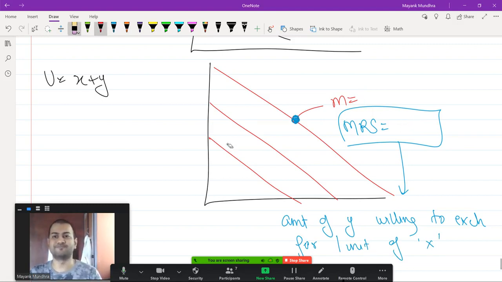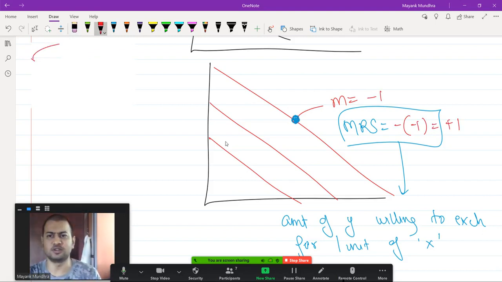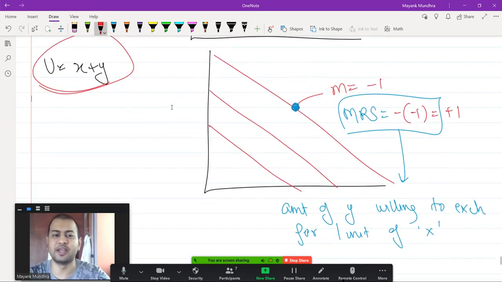Slope is minus 1. So MRS is minus times minus 1, so that is plus 1. So we studied y equals mx plus c. We saw that for this particular indifference curve, slope was minus 1. So if slope is minus 1, MRS is negative of slope, so it becomes plus 1.